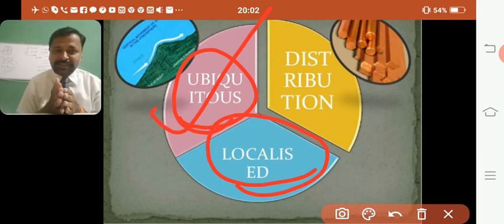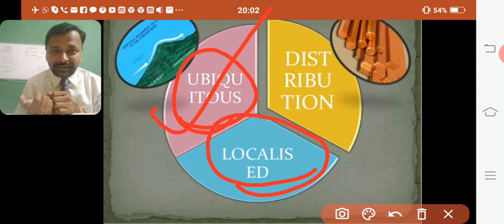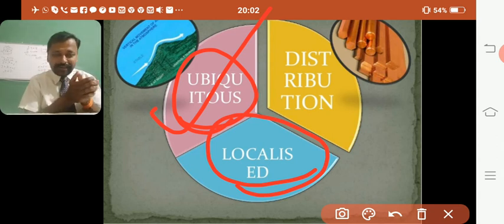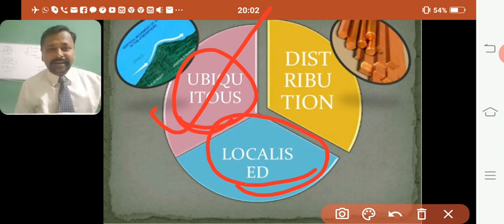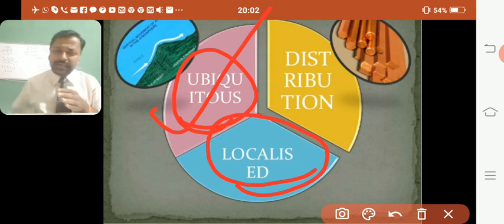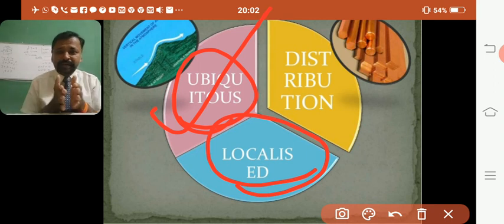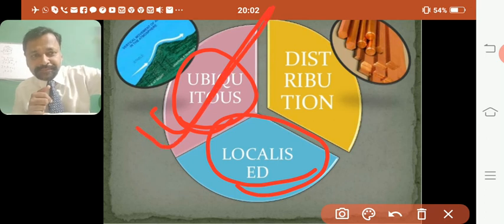Certain resources are available equally at all places, like wind or sunlight. Sunlight is equally here in India as well as the United States of America, Australia, Europe, everywhere. You can find it freely everywhere. They are called ubiquitous.